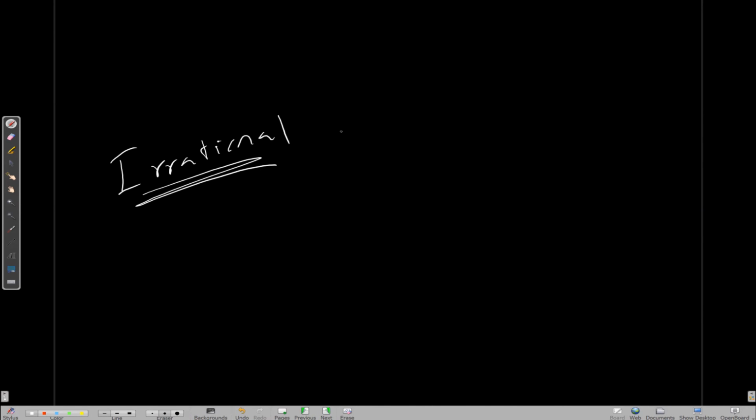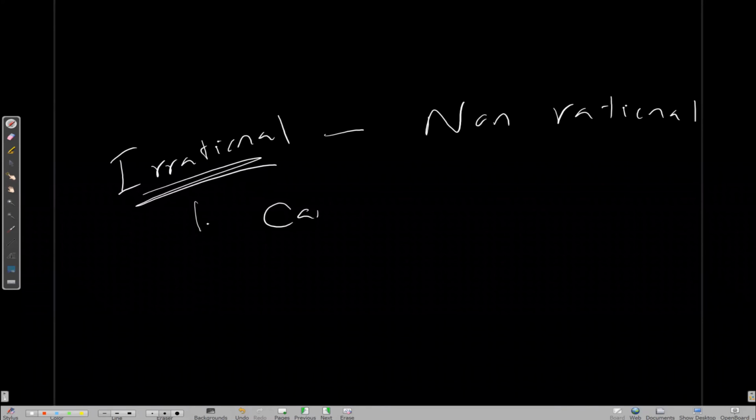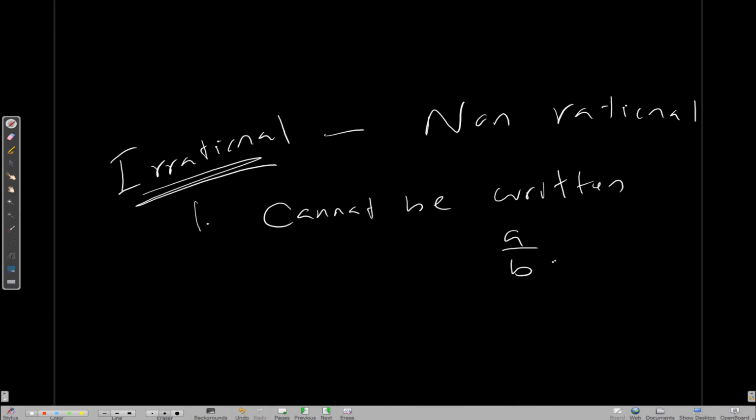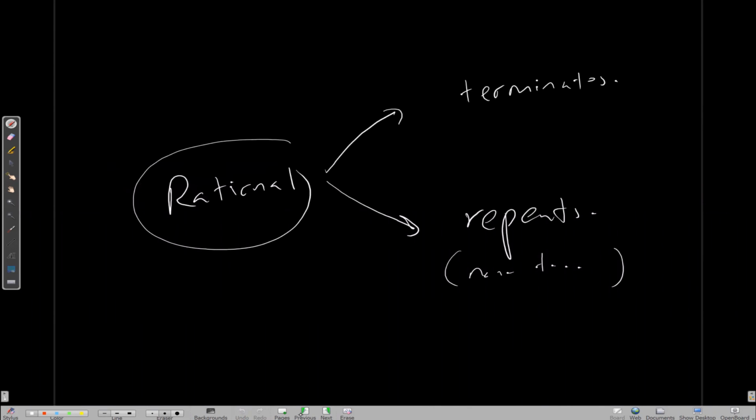The definition of irrational is simply non-rational. So what does that mean? That means a number that cannot be written in this form.